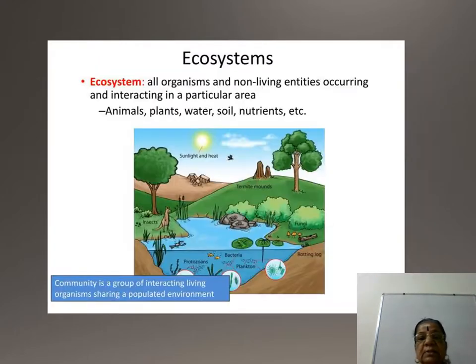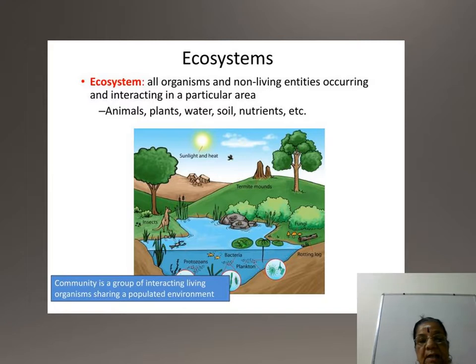The next one, it is ecosystem. All organisms and non-living entities occurring and interacting in a particular area. Example: animals, plants, water, soil, nutrients. So here sunlight, and plant producers.